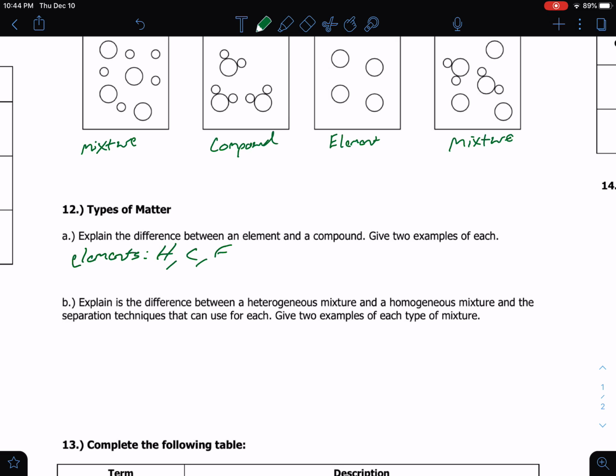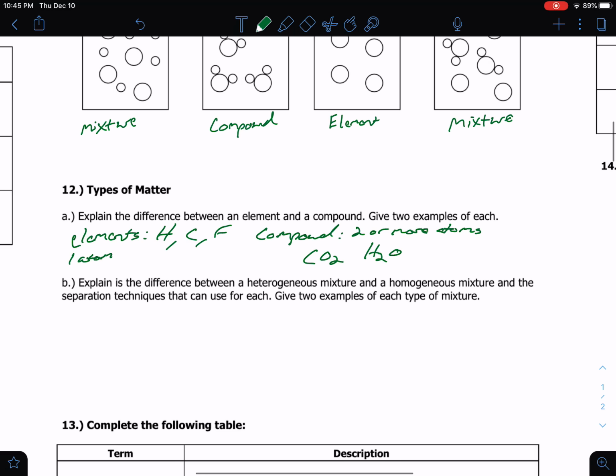That means they're just by themselves. A compound is when you start dealing with two or more atoms. An element is just one atom. A compound example would be CO2 and H2O.